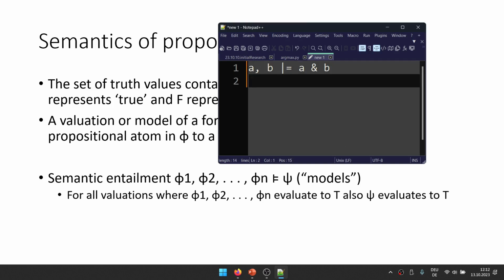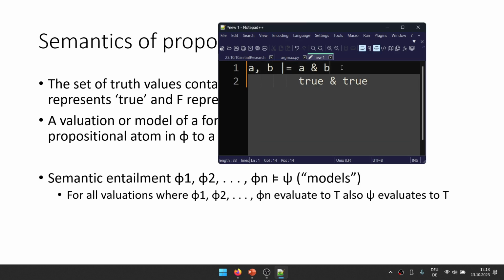So we can now simply plug in true into the right side formula, right? So let's do that here. So we end up with true and true, right? And that is true. So the variables A and B semantically entail the formula A and B.